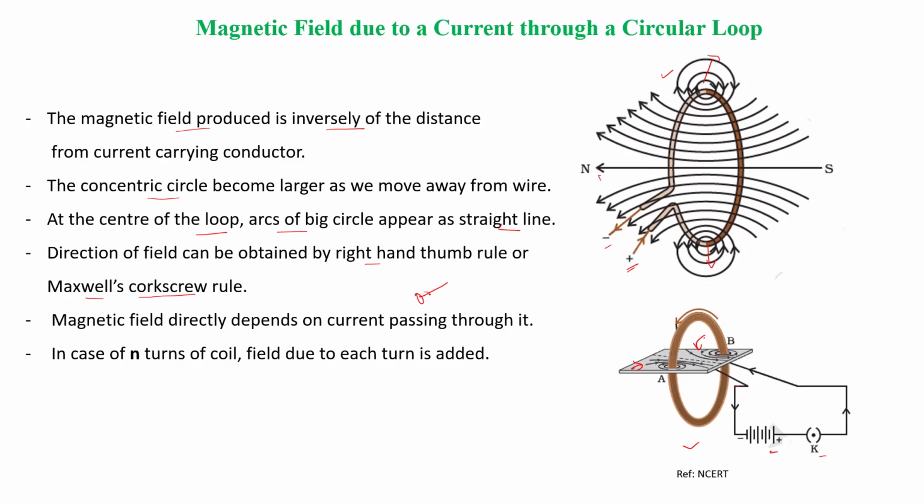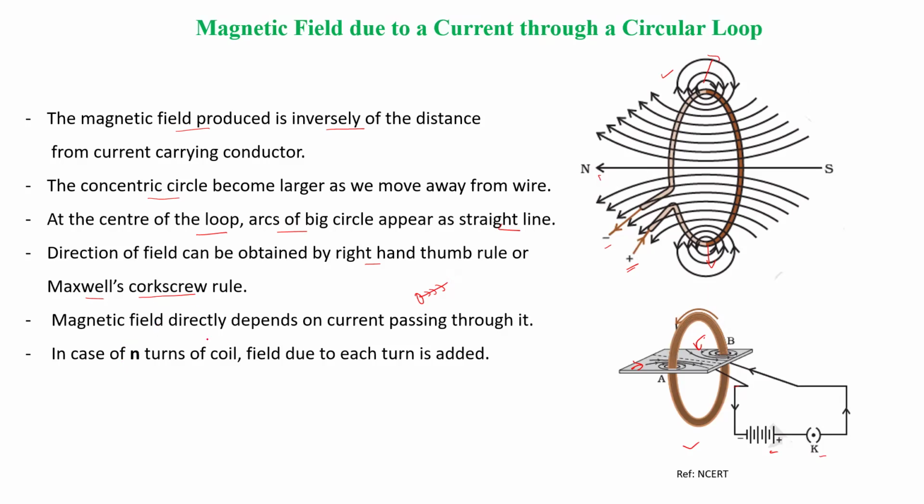On that screw some thread is there. So you are trying to move that screw in the direction of the current. How will you rotate that screw so that it will penetrate inside? That will show the direction of the magnetic field. So like that you can observe. That is also called Maxwell's corkscrew rule.